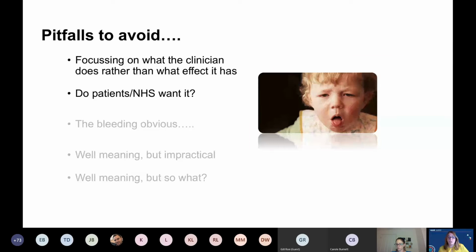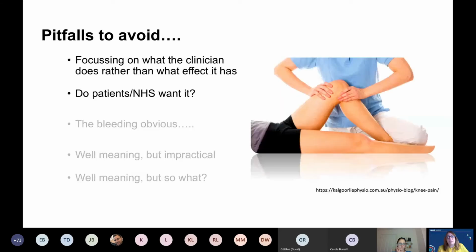Similarly, we see a lot of people wanting to do research, and I think the classic one is around knee osteoarthritis. We see quite a few studies, like the ESCAPE study, showing that if you have weekly sessions with the physiotherapist, your knee pain will improve. The trouble is that the NHS won't be able to fund weekly sessions with a physiotherapist.